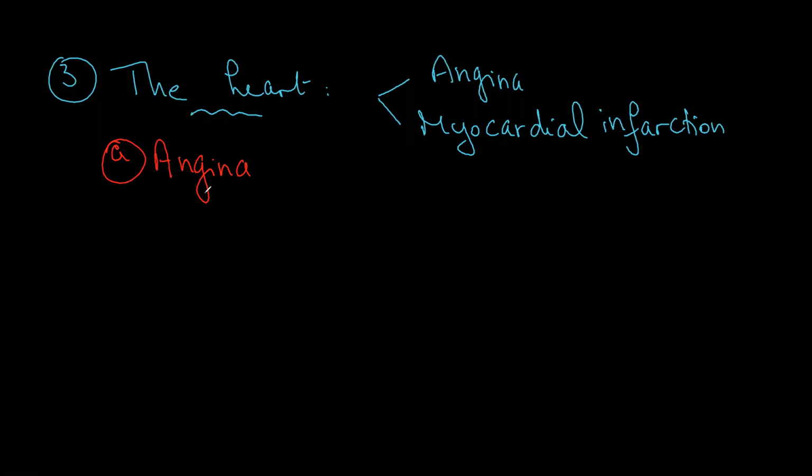Here, the plaques build up slowly in the coronary arteries. So what are the coronary arteries? These are the arteries that supply the cardiac muscle with blood, supplying the cardiac muscle with oxygen and nutrition.